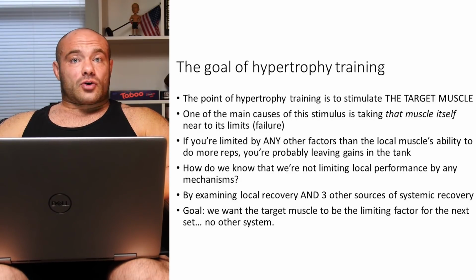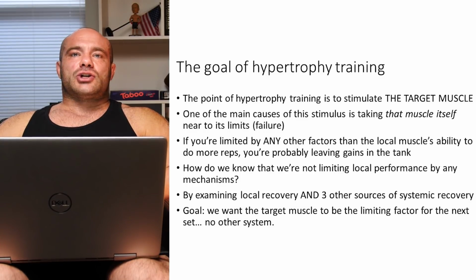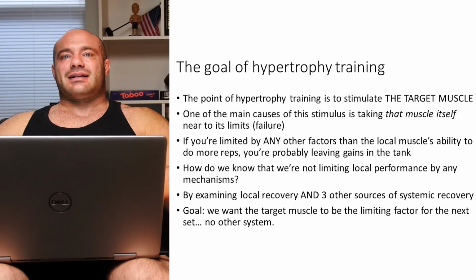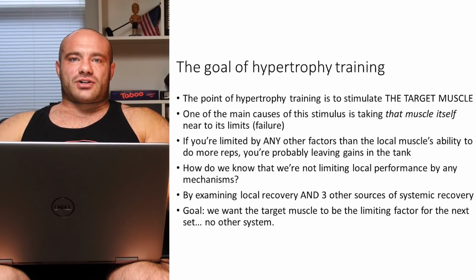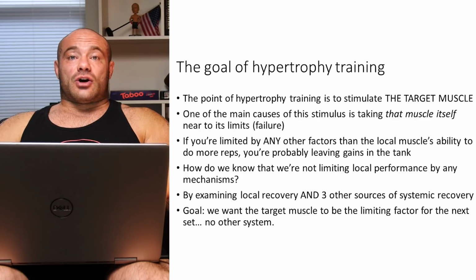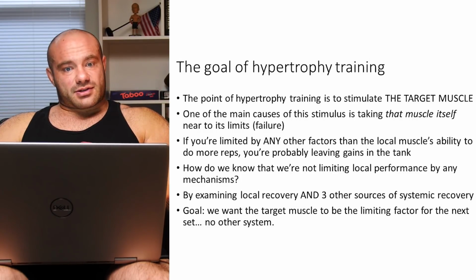Well, we examine local recovery and three other sources of systemic recovery, to check the boxes and say we've rested long enough so that the limiting factor for this muscle's upcoming performance is the muscle itself, and thus the next set is going to be as stimulative of hypertrophy as possible. Because our goal is that the target muscle is as stimulated as possible. It's the limiting factor and no other system. How many other systems are there? There are four systems.